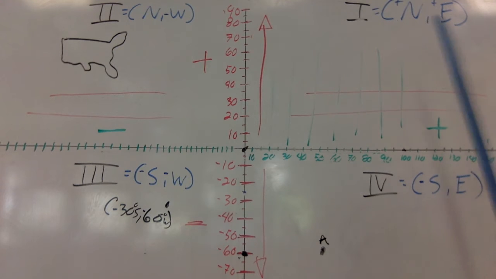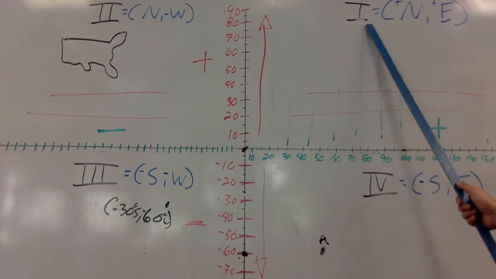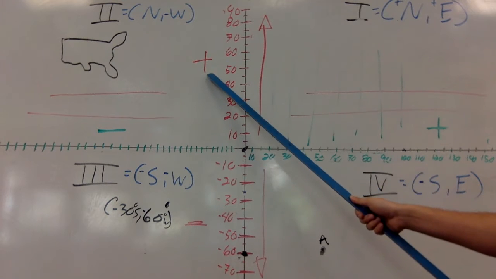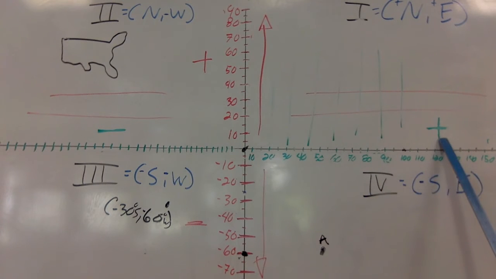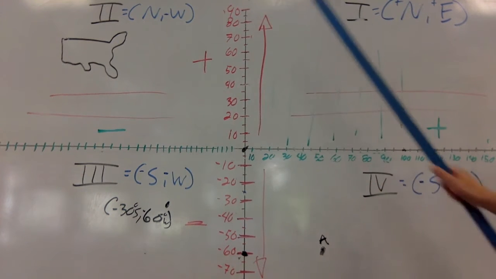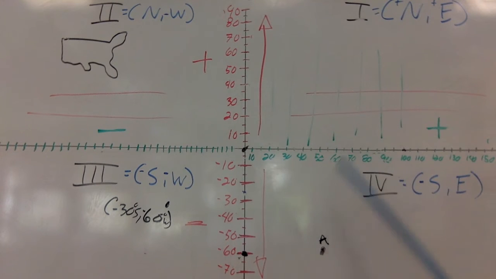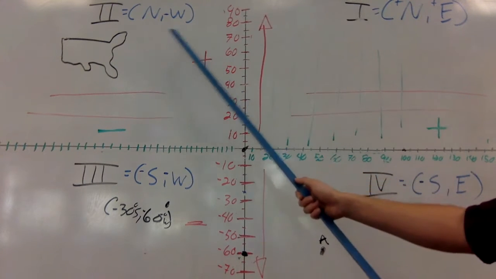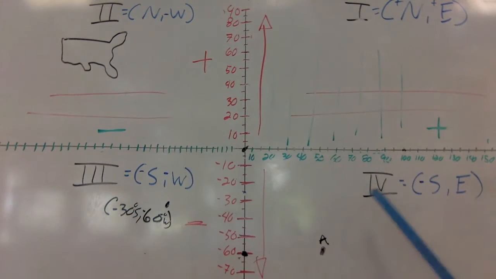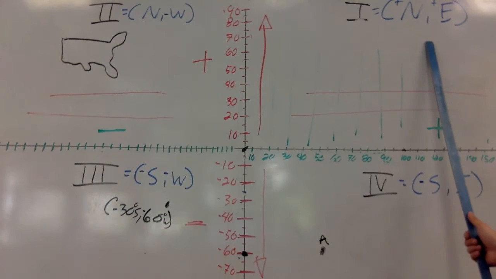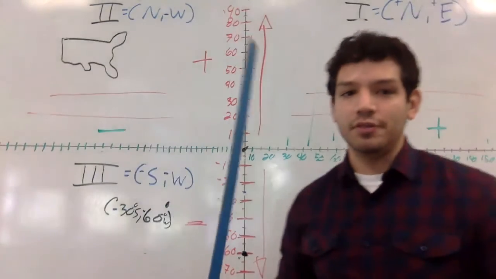And once we go back up here to quadrant 1, you get positive north, but you also get positive east. So you'll know that all these numbers right here will be positive. See how it's like a cycle? Both positives, then one of them switches, then both switch, and one switches back, and now we're back where we started. I'm talking about when they switch over to positive or negative.